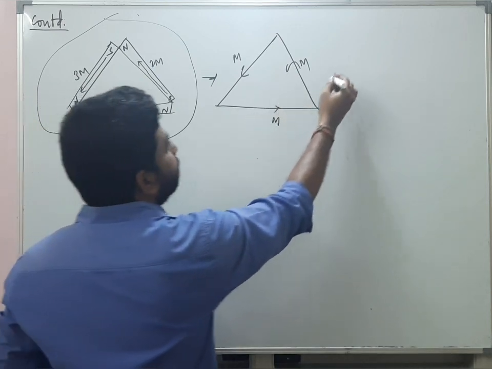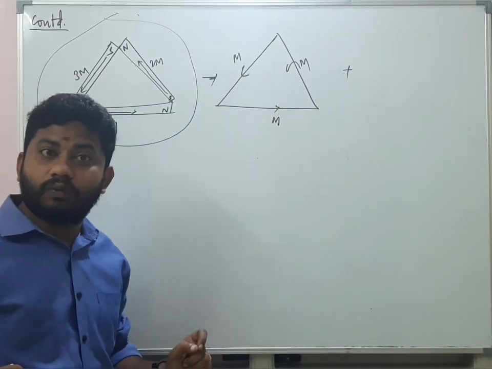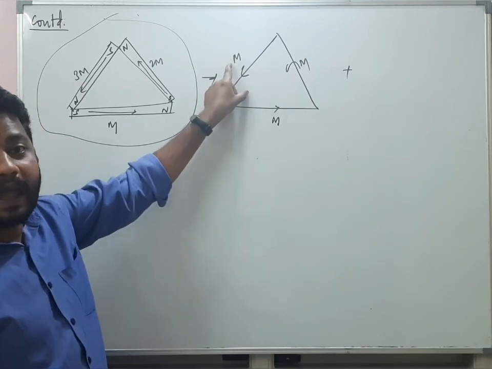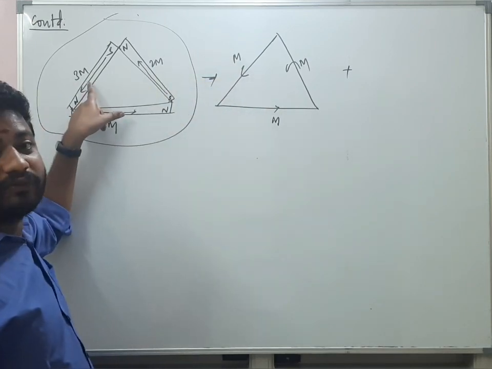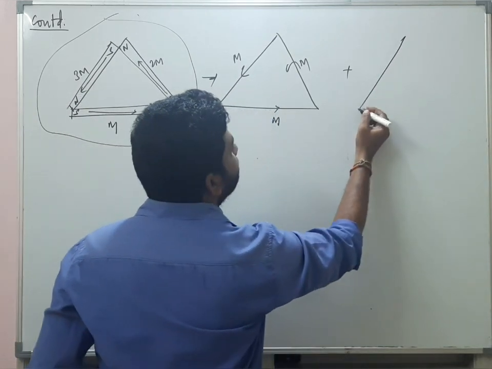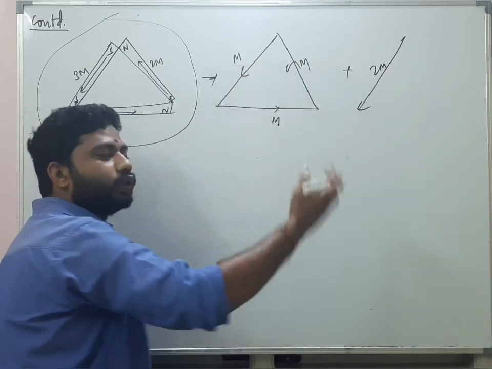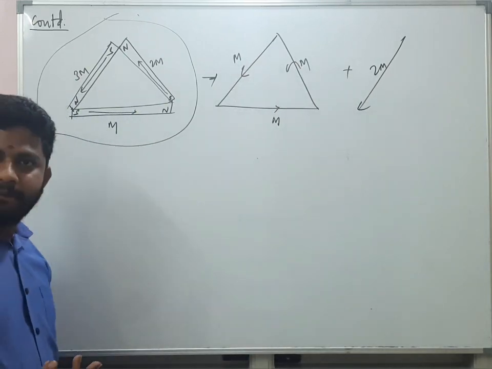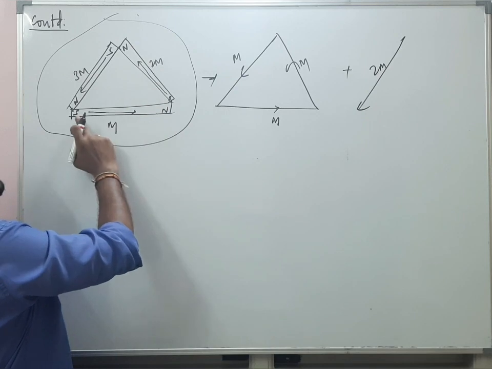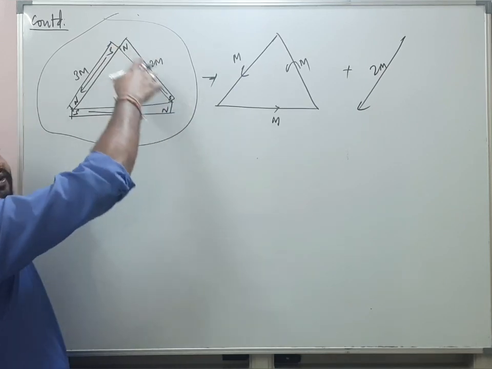This is one system, plus as free vectors I can draw this is M and the rest of the magnetic moment here is 2M. So I have drawn a 2M here. I hope you understand. Now you add this 2M and M, you get 3M. Right? And here nothing. And here 2M in this direction.